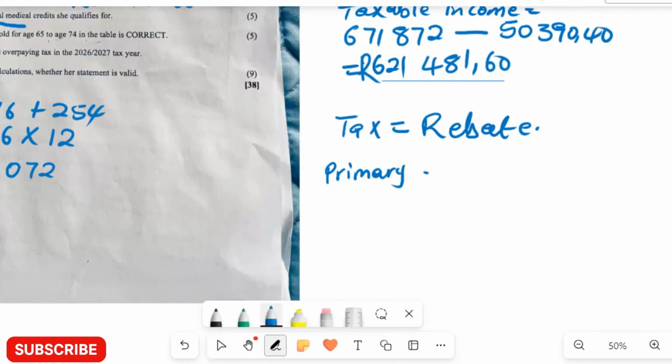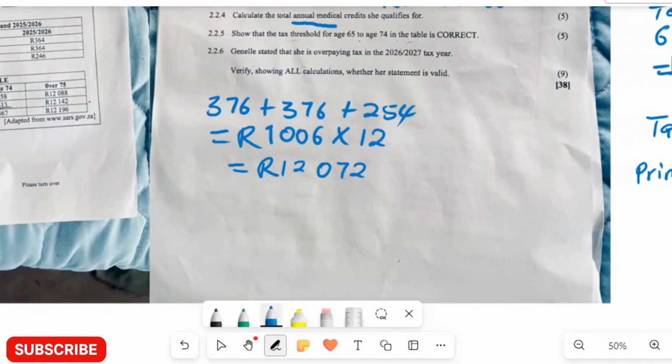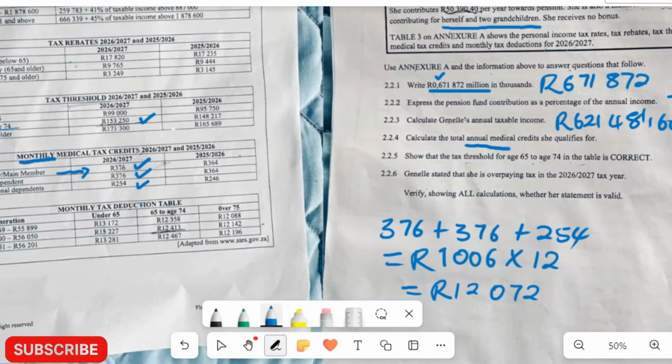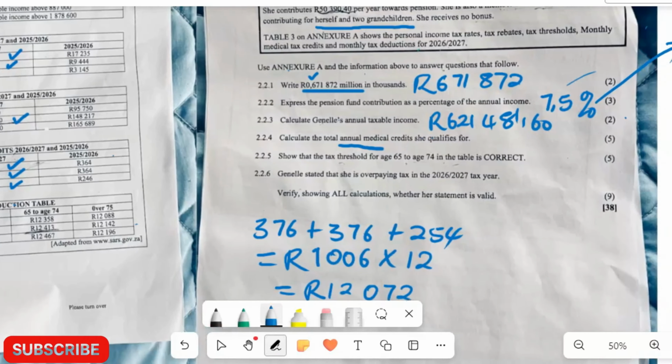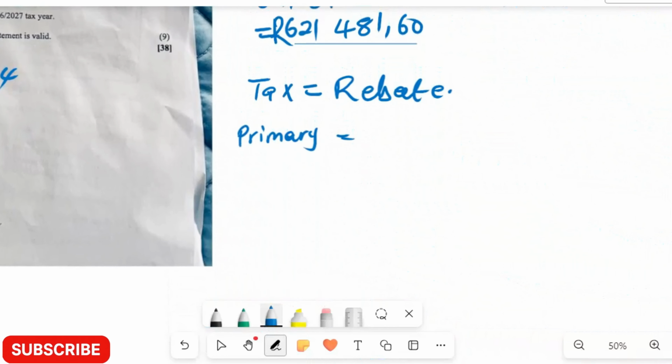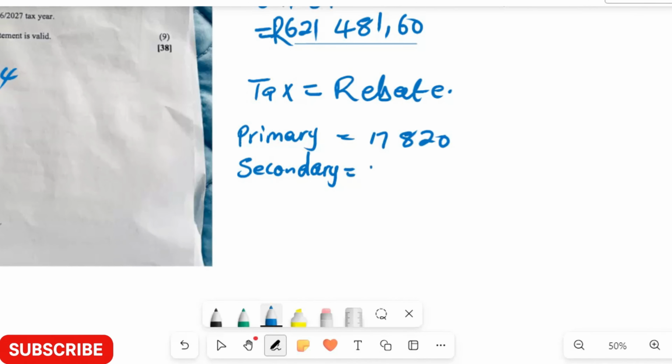The primary rebate is 17,820, and the secondary rebate for 65 and older is 9,765.